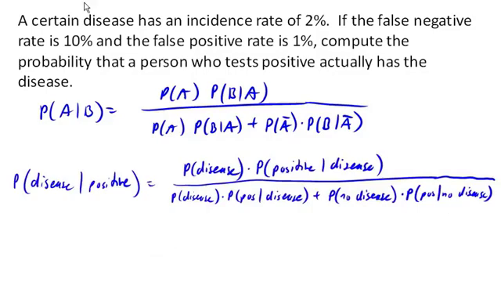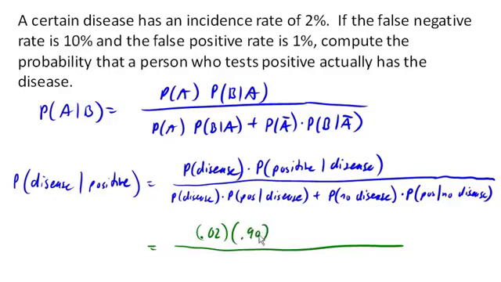So now we can start filling in all this information. What is the probability that they have the disease? Well, that is, in this case, 2%. It's a 2% incidence rate. What's the probability that they get a positive test given that they have the disease? Well, there's a false negative rate of 10%, which means there's a 90% chance that they'll test positive given they have the disease.